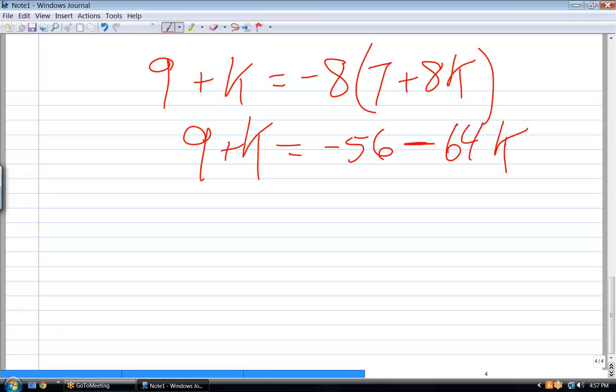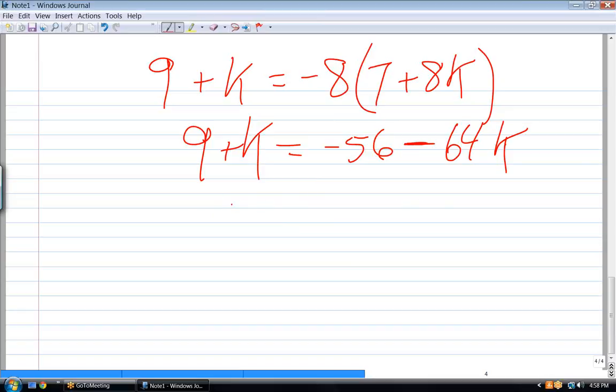You want it to be on the left side, because that'll give it a positive coefficient. So I don't want to move that term. I'm going to leave it over there. So you want to add 64k.